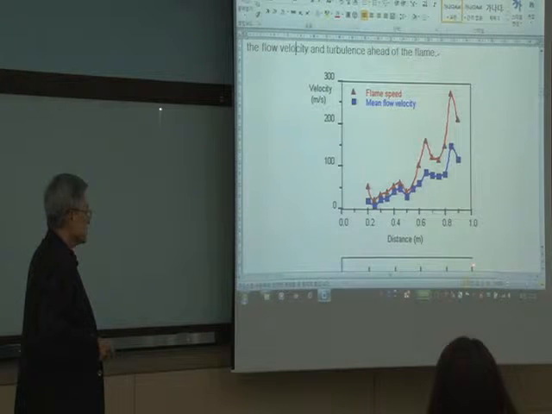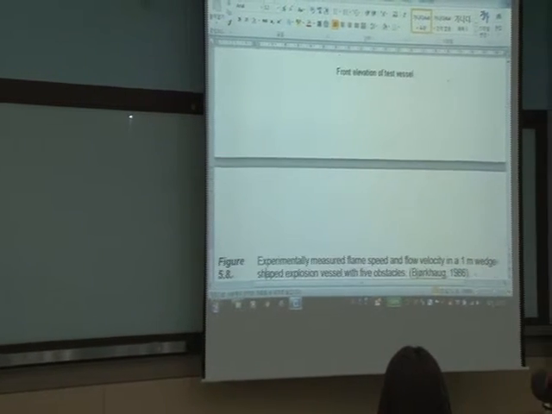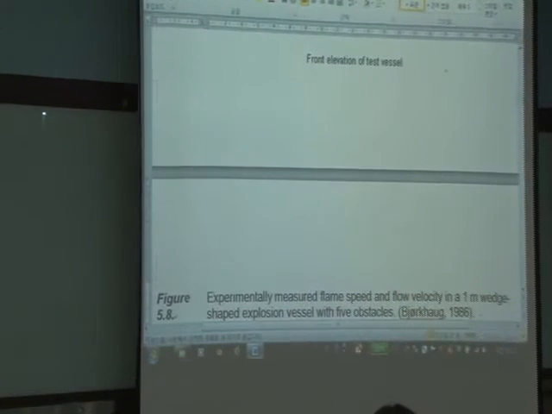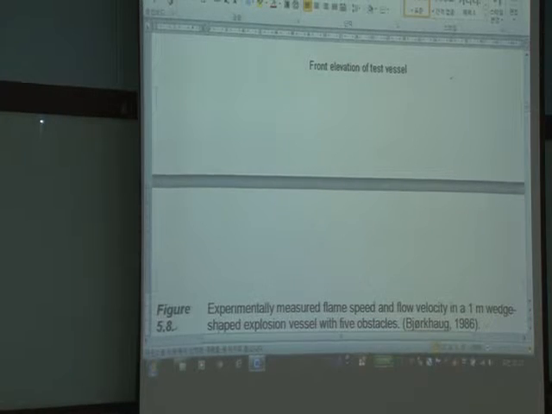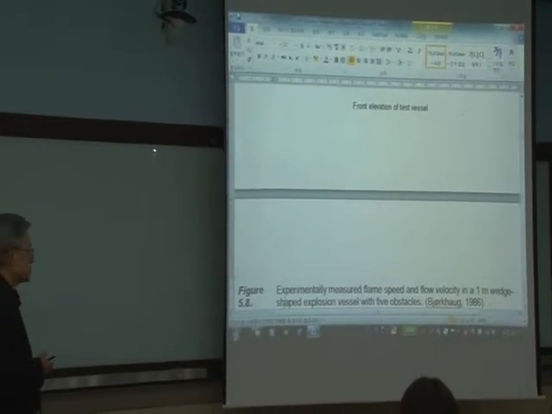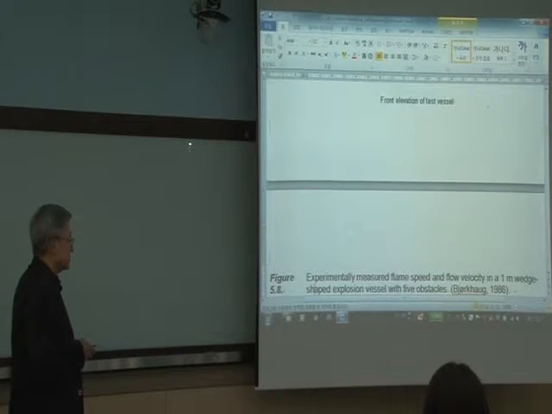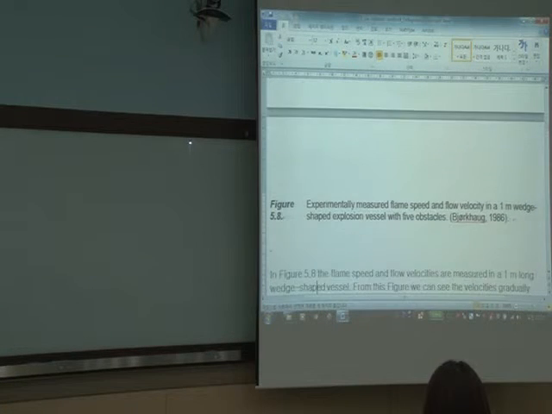And this is open end, this is closed end, and flame speed increases. And I should also mention, it didn't say anything, maybe in the reading you might be able to find the type of the premixed fluid. It may also be affecting parameters.